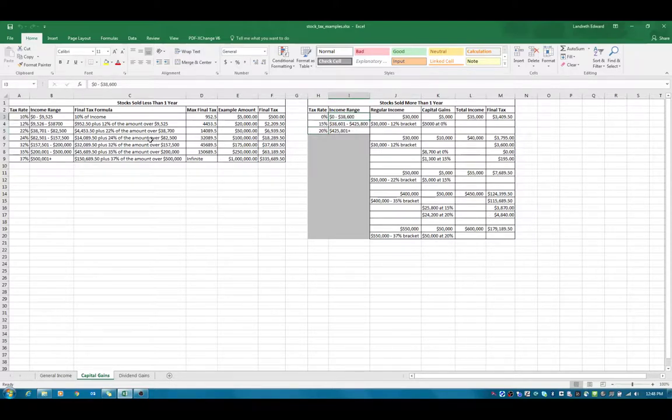So this is similar to how the other ones are calculated. If your total between your regular income and your stocks, everything adds up to less than $38,600, then the stocks that you held for more than a year will have zero taxes on them when you sell them.